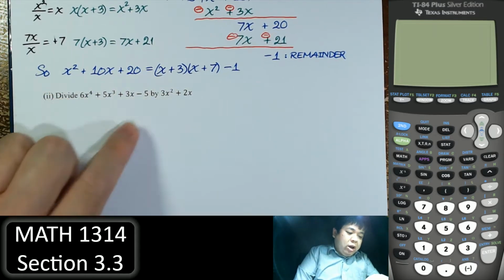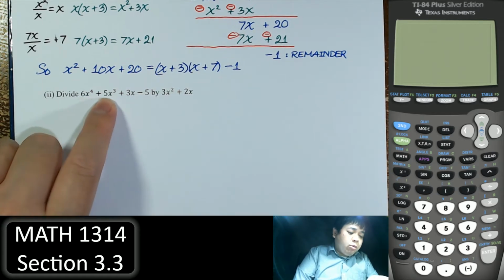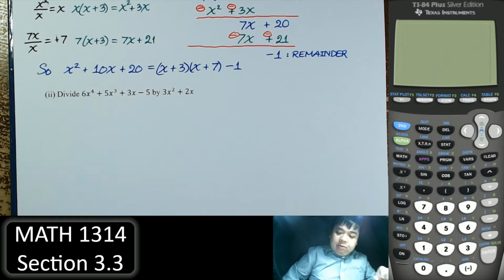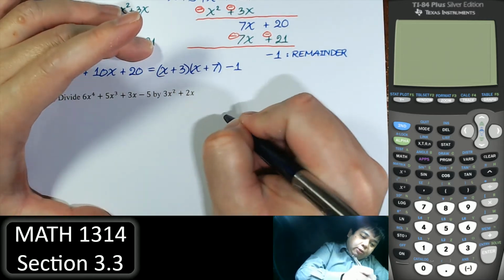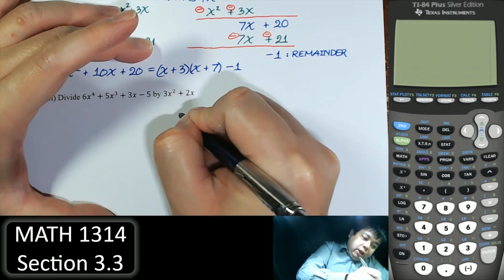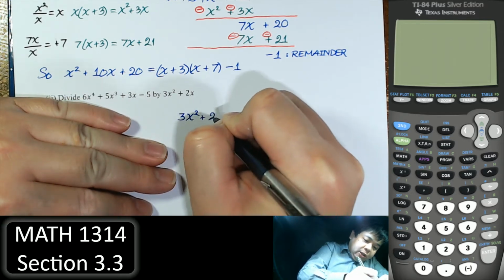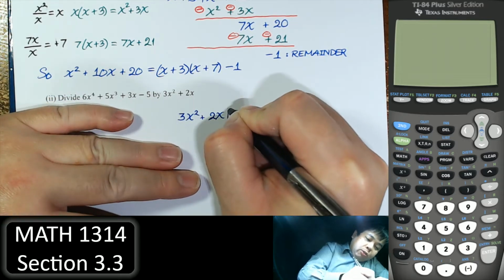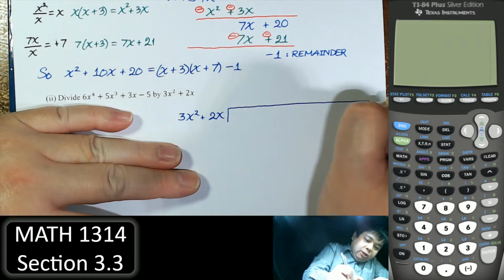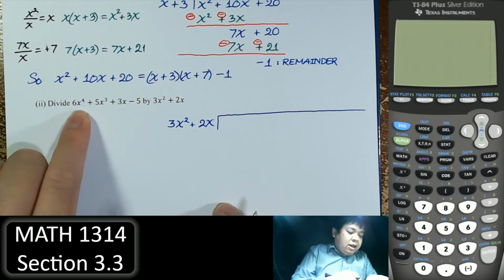3x squared plus 2x going into 6x to the 4th plus 5x cubed plus 3x minus 5. Right? So 3x squared plus 2x goes into the polynomial 6x to the 4th.